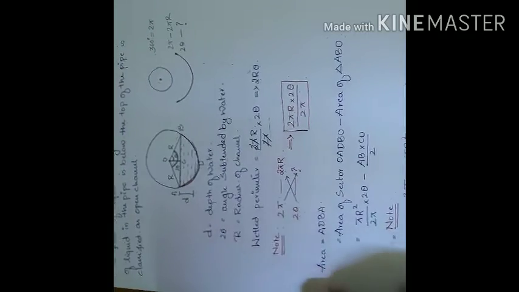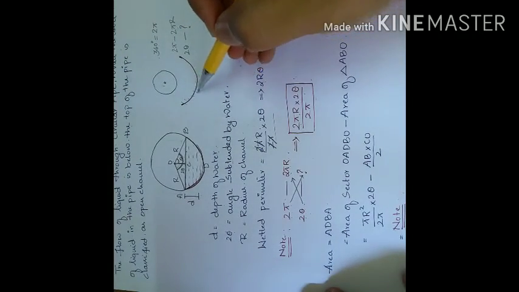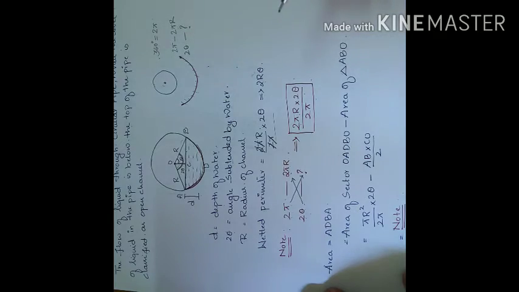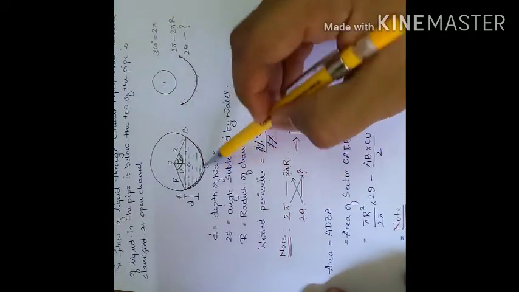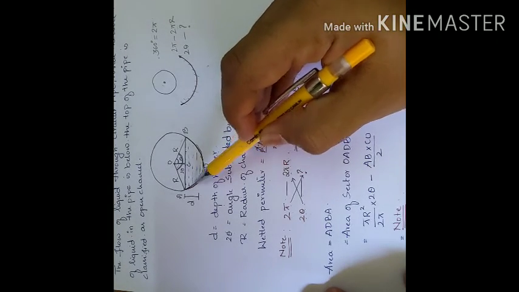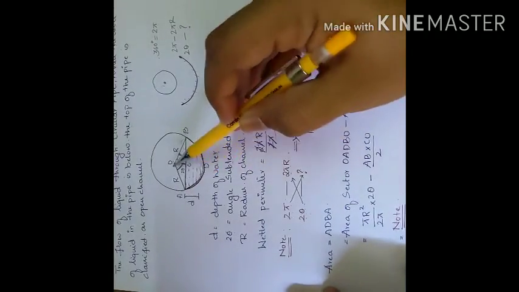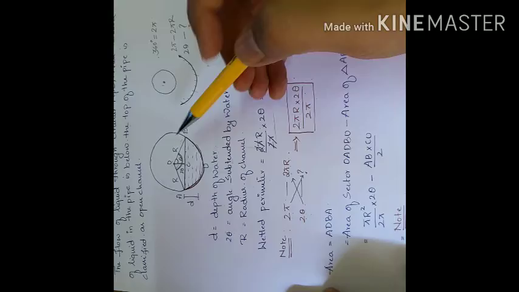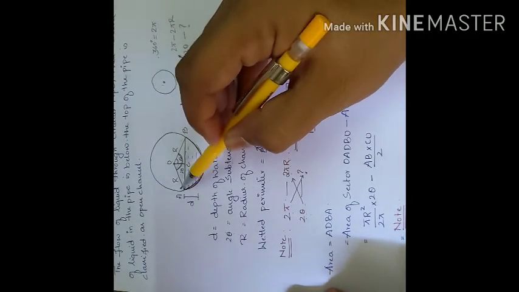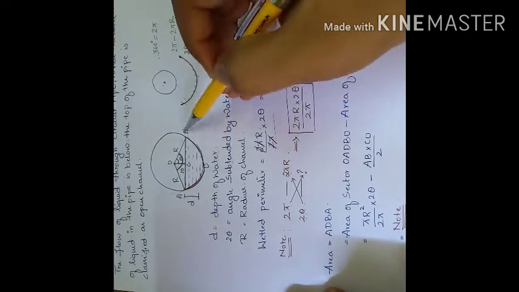Now we need to find the area. So what is the area of this portion? We need to calculate the area of this portion. How to calculate the area of the remaining portion? When you see the figure here, if I need to calculate this area, I need to deduct from this whole area the triangle.